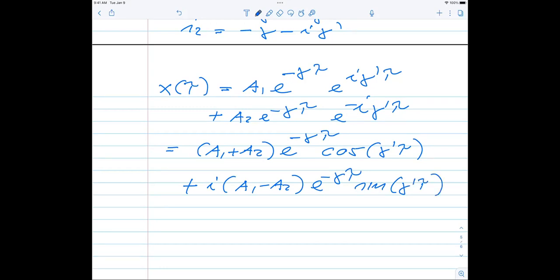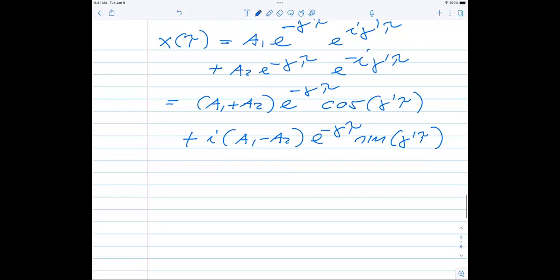And there you see the kind of oscillatory behavior. And then I can replace everything in terms of a term which I call B1. So this should actually have a term 2 here and 2 here. I define this one as B1, which is A1 plus A2 divided by 2. And then I have a B2, which is I times A1 minus A2, divided by 2.